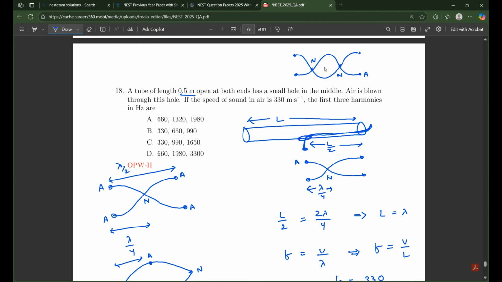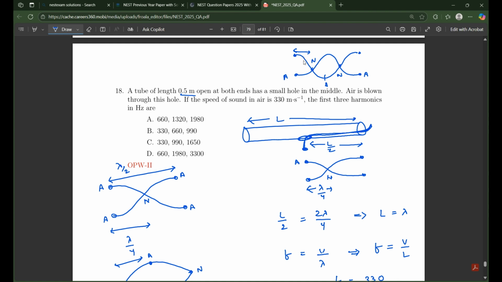So the total wavelength is equal to lambda by 4 into 4 times, that is lambda. This complete wavelength is lambda.